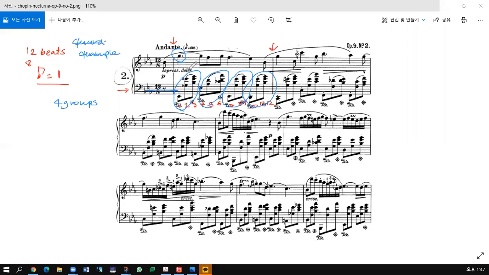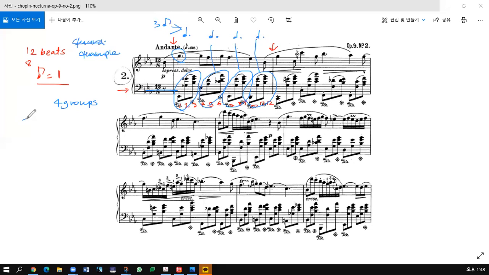Because you look at this one, these 3 eighth notes make 1 dotted quarter note, right? And this one is also 1 dotted quarter. This one, 1 dotted quarter. This one also 1 dotted quarter. And they can be divided into 3 eighth notes.